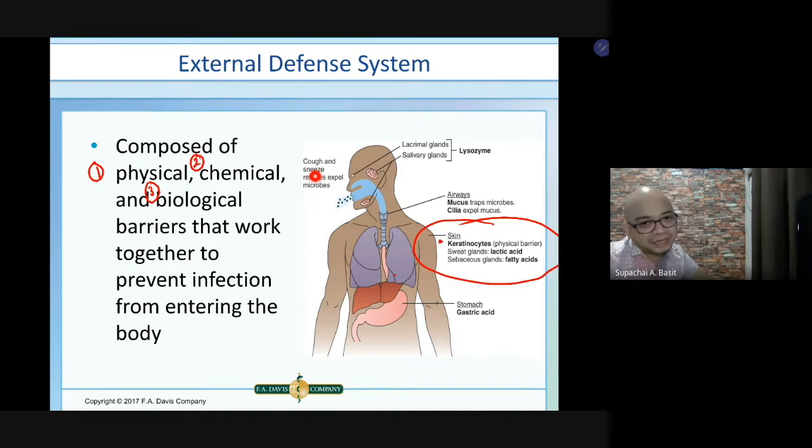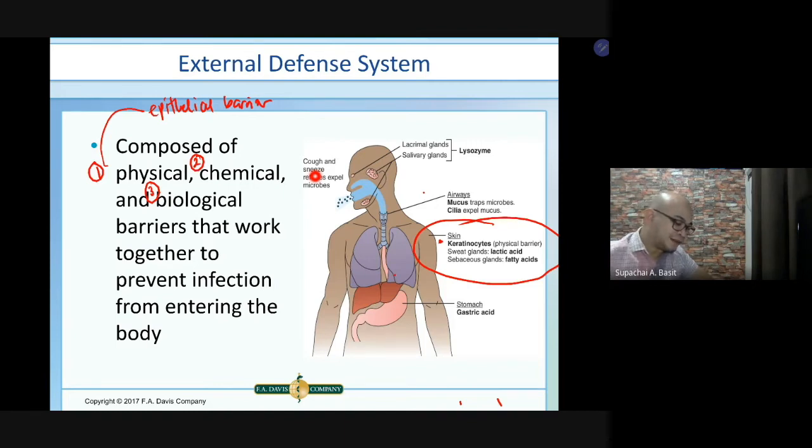These particular cells are important for the keratin that will play an important role to make our skin dry and intact. So that is keratin. The physical barrier, as I've been mentioning a while ago, also refers to the epithelial barrier.